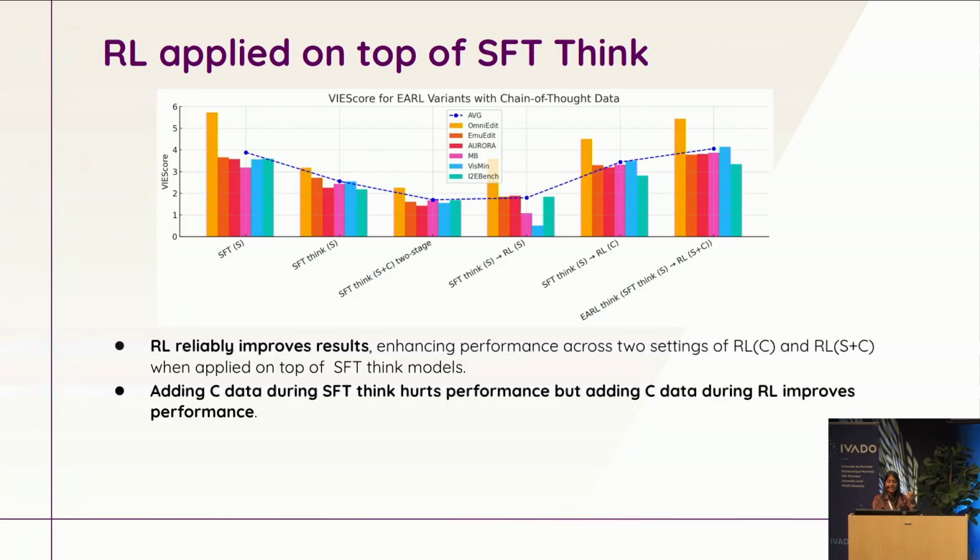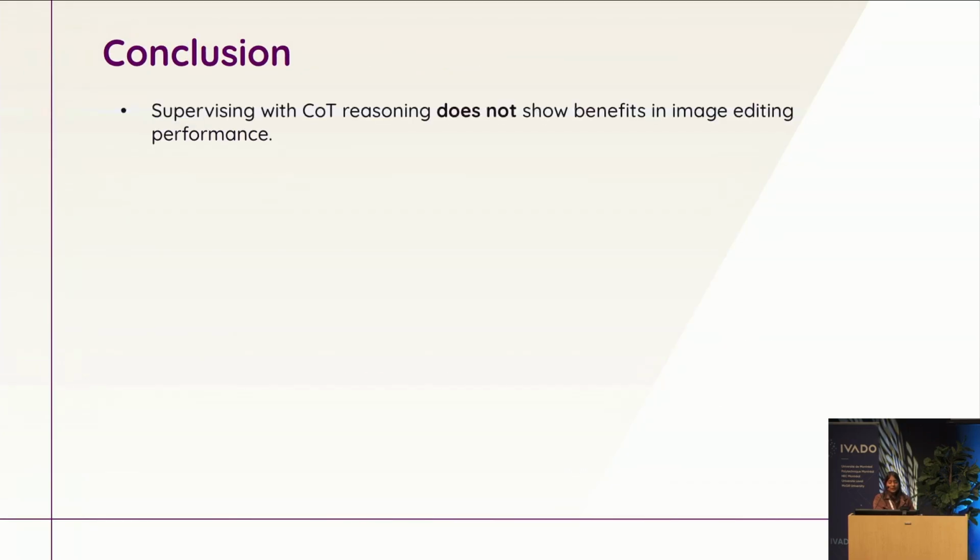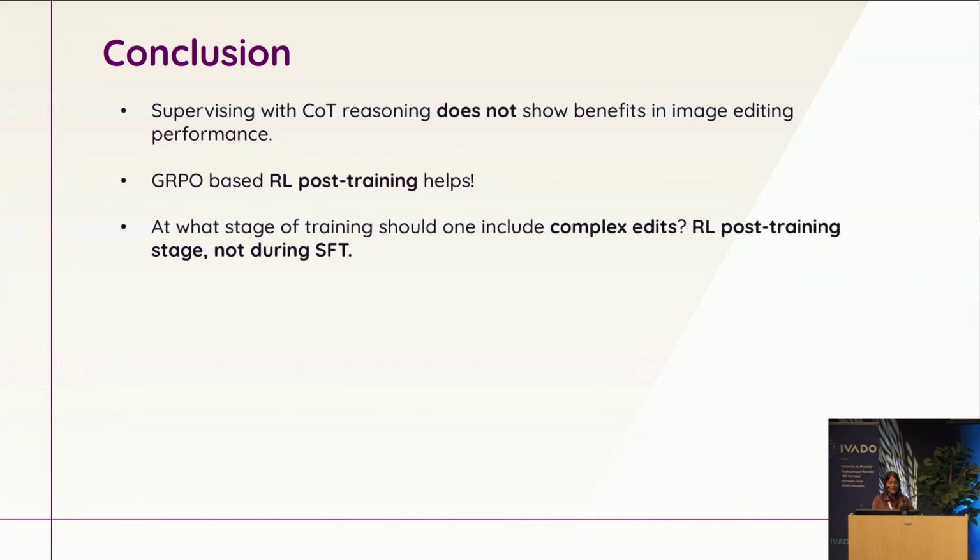And there also we see that RL was able to recover some of the performance drop, which was a result of applying thinking on top of the SFT model. So to conclude, basically, here we found that supervising with chain of thought reasoning, which actually we were quite hopeful about, does not show benefits in image editing performance, and GRPO-based RL post-training helps.